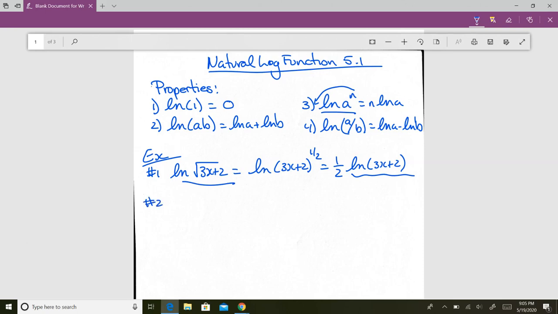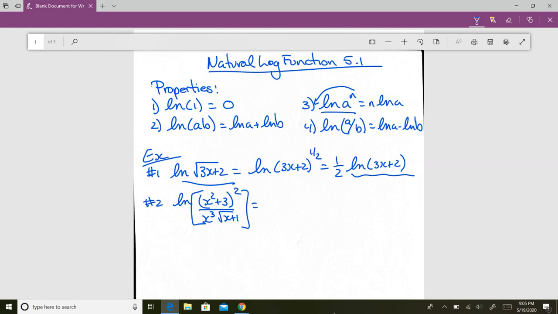I know, it seems strange, especially if you have something that looks like this. So natural log of x squared plus 3 all squared over x cubed root x plus 1. So this gong show. Well, let's break it up. Simplify it.